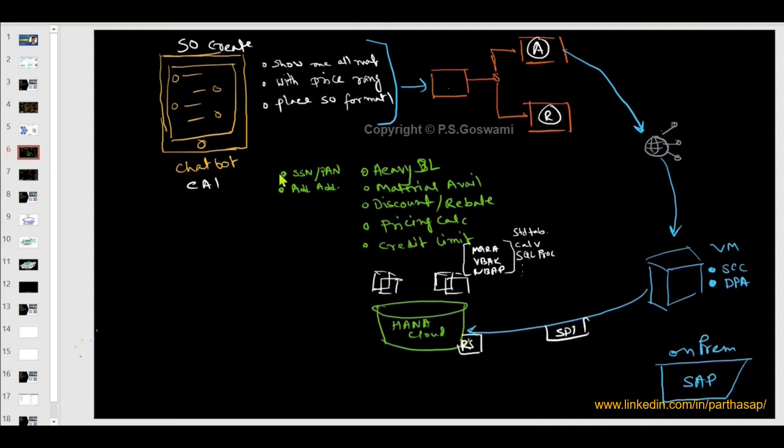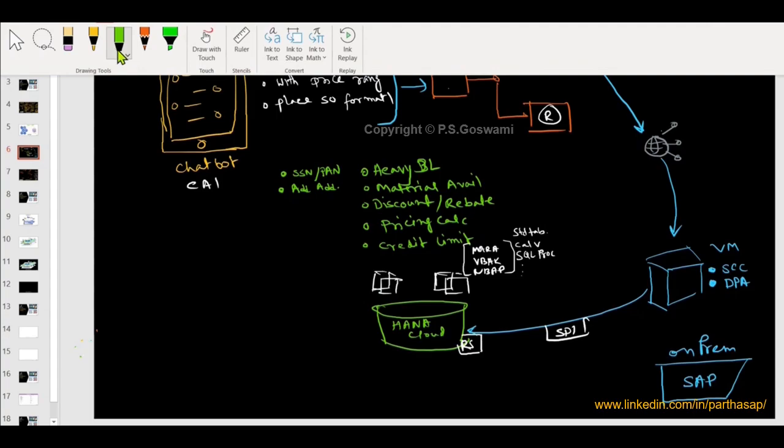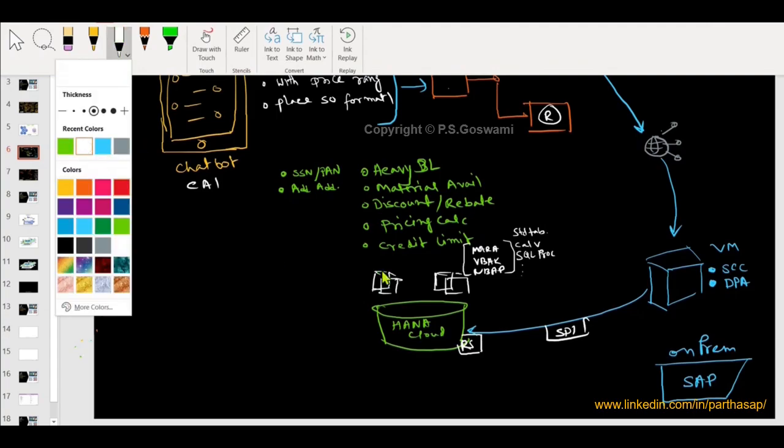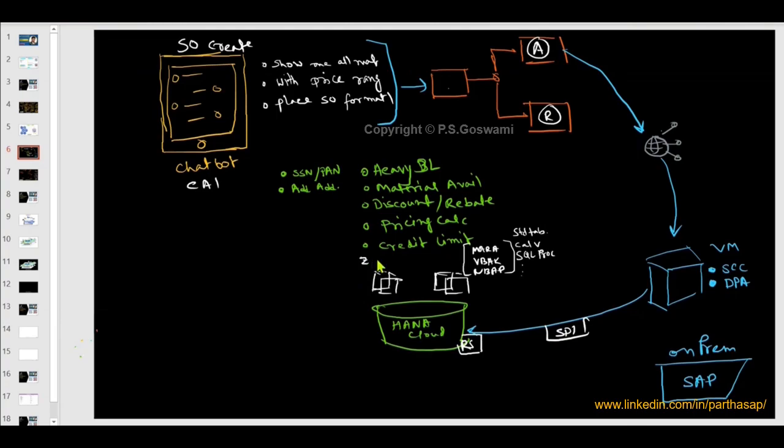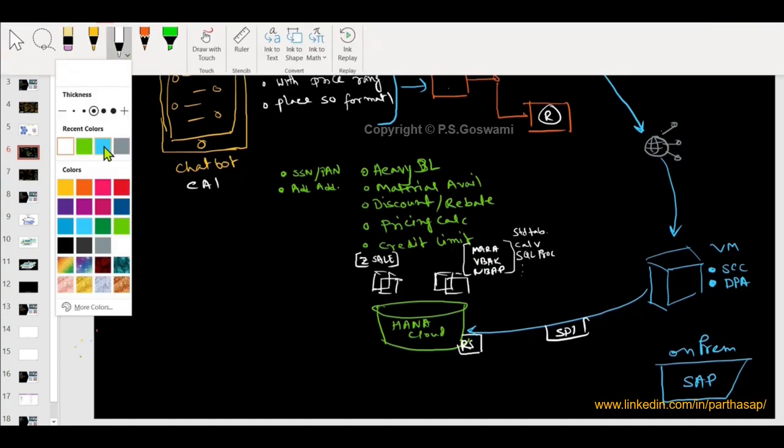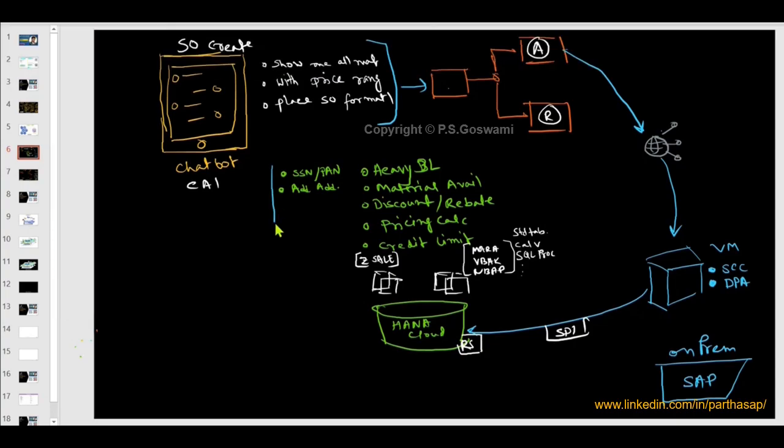For this particular purpose, what we can do is actually have custom tables. Like I was creating this container, here let's say this is your Z sales table. So this is your Z sales table and these are the standard tables. Here I can draw it something like this. Sorry.